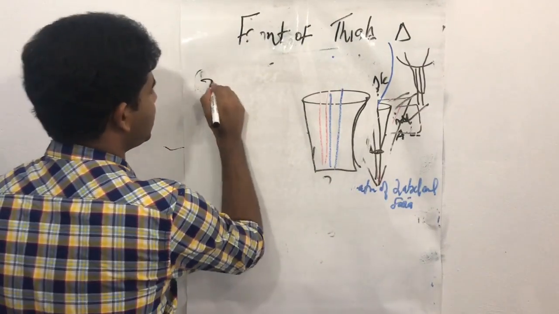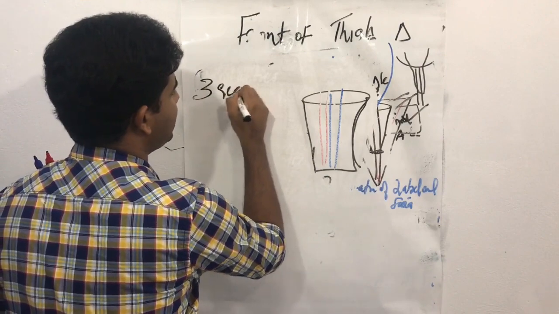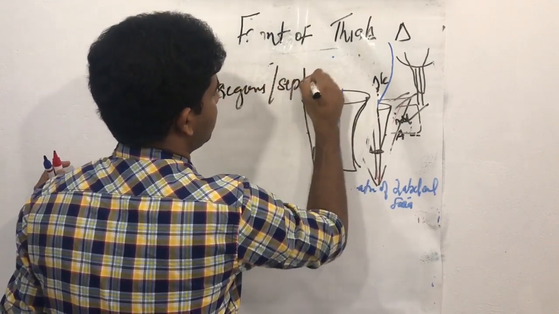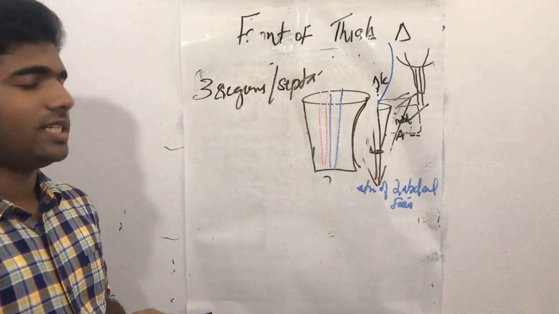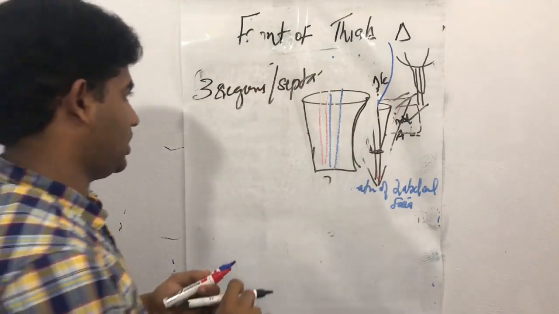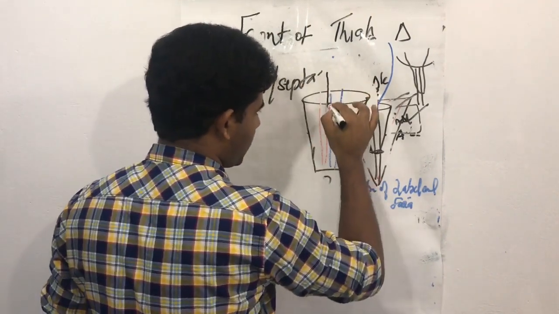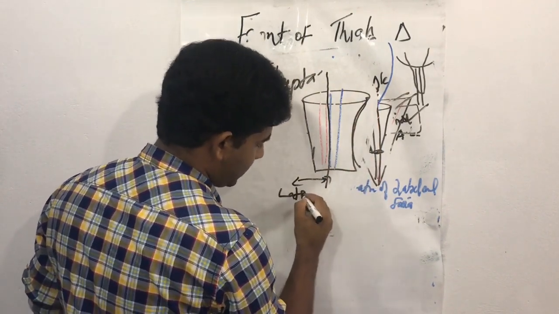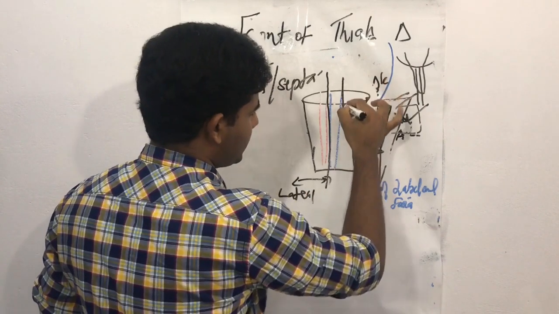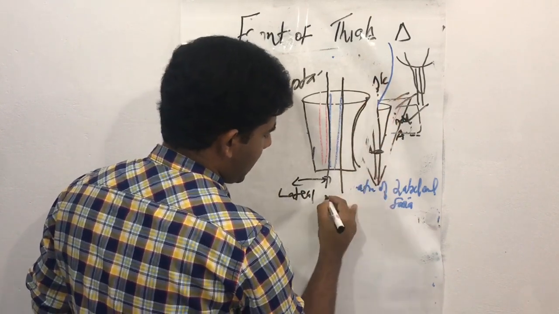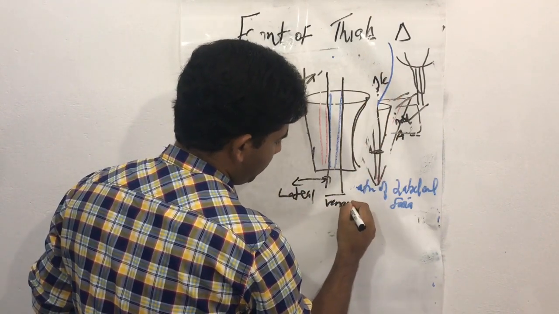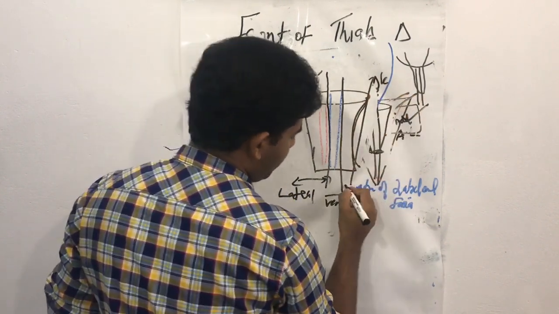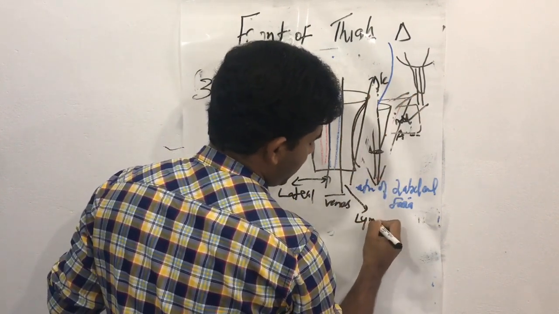The femoral sheath is divided into 3 regions or 3 septa. This is the lateral compartment or arterial compartment. This is the venous compartment, and this is the medial compartment or lymphatic compartment.